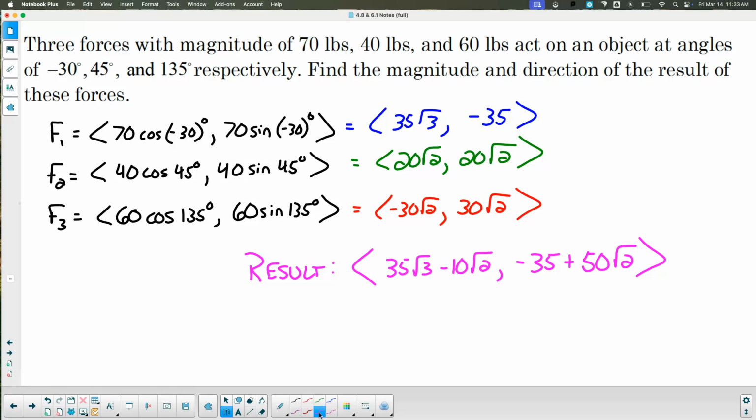So then this is going to be 35 square roots of 3 minus 10 square roots of 2. And I'm going to store that as my A. And it's going to be 46.4796.